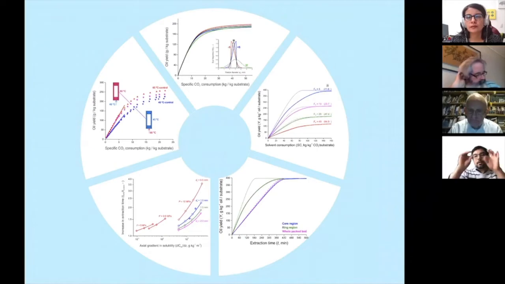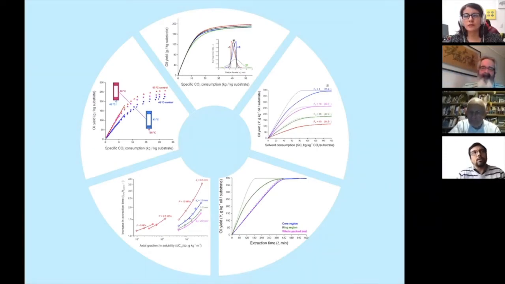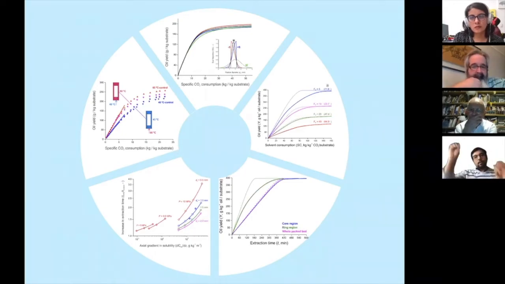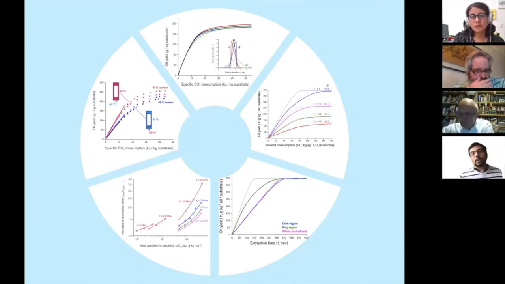Depending on the substrate and solute that we want to extract, sometimes you dismiss this region because, for example, in vegetable oil extraction, maybe at high pressure this zone doesn't appear. But when you extract particles with larger diameter, you have to describe this zone very well to fit your parameters very well.